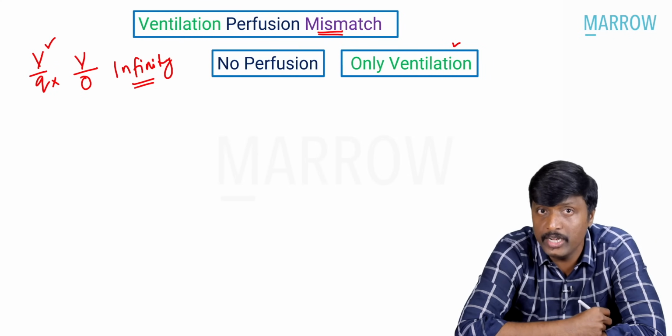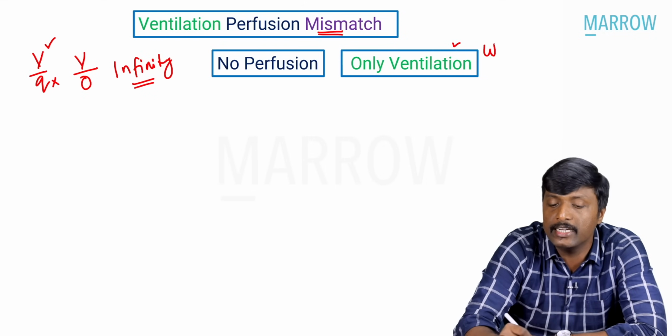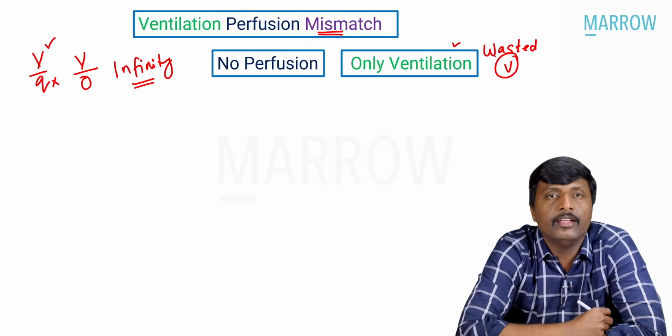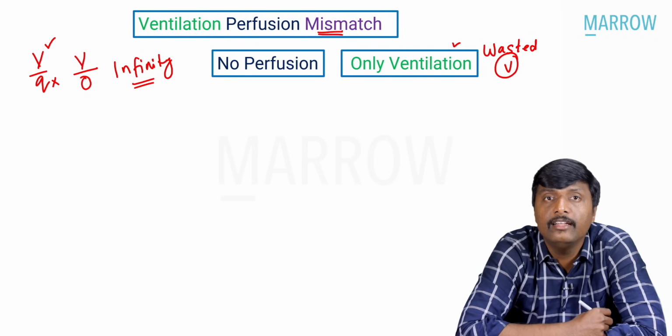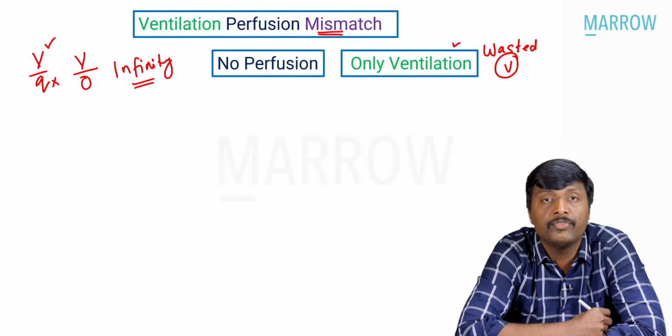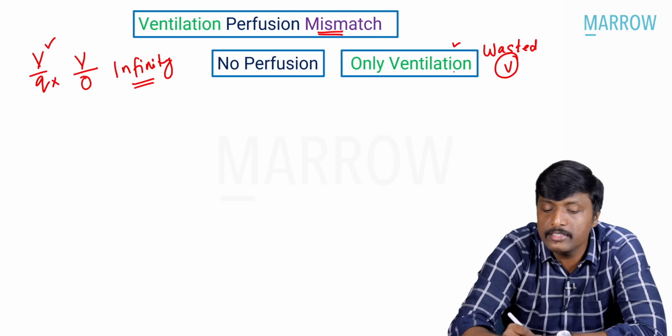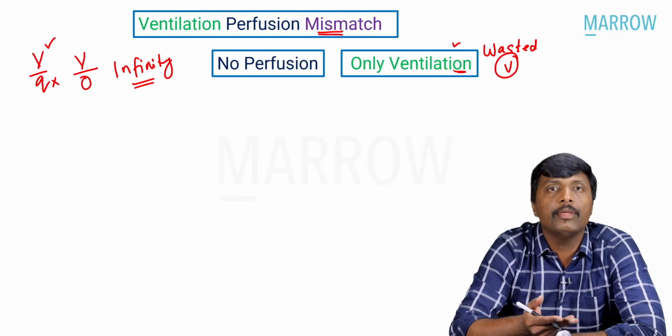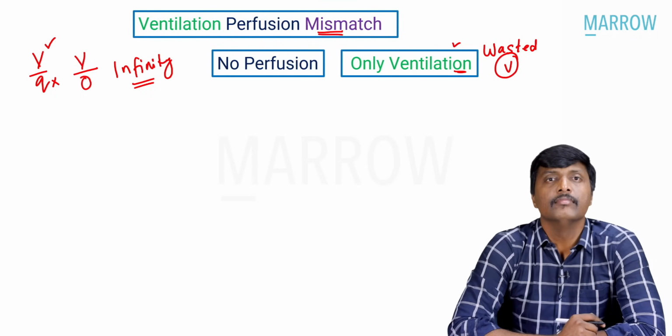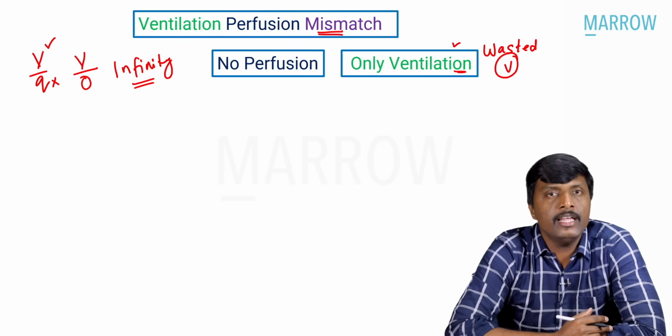Then what about this ventilation, sir? We simply consider this as a wasted ventilation. That means the air is there, there is no blood for gas exchange. It's a wasted ventilation. And what is this ventilation, sir? I am inspiring air. This inspiring air will be there inside.